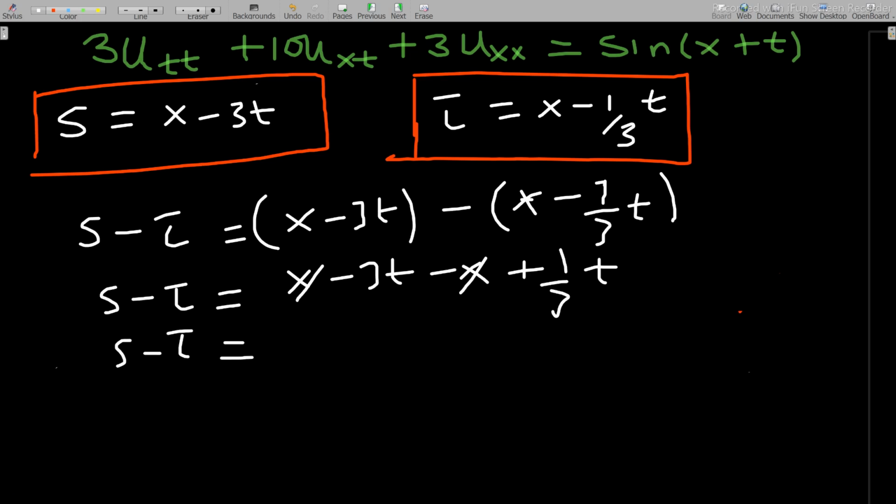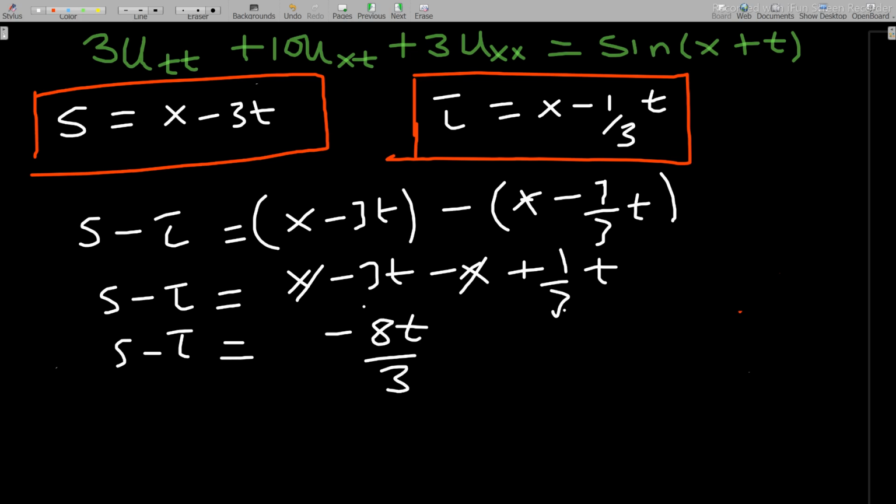When I subtract these, I'll get 3 times that, which is negative 3t, then plus 1t, which will give me negative 9, sorry, negative 9t plus 1, which will give me negative 8t over 3.